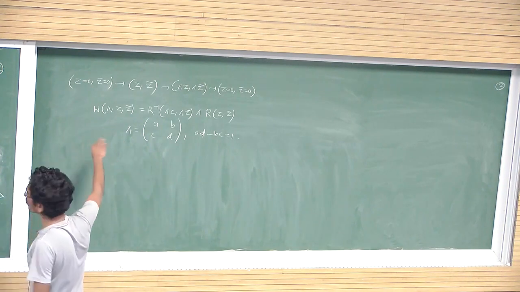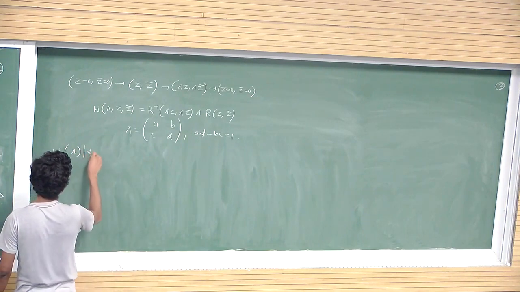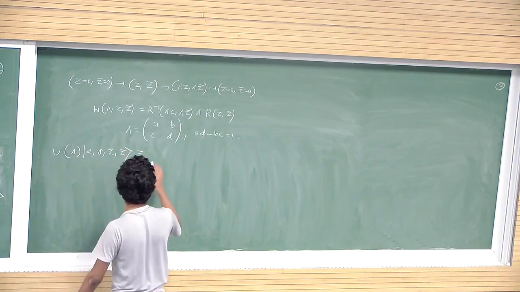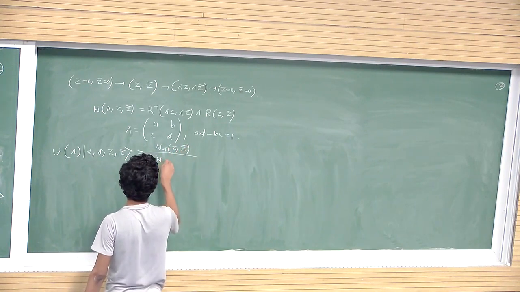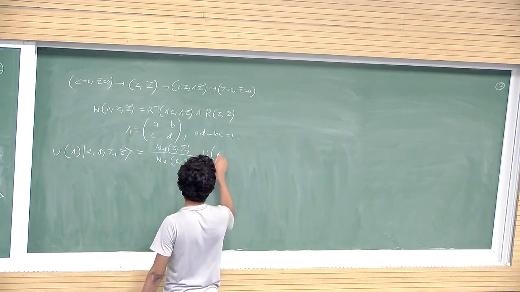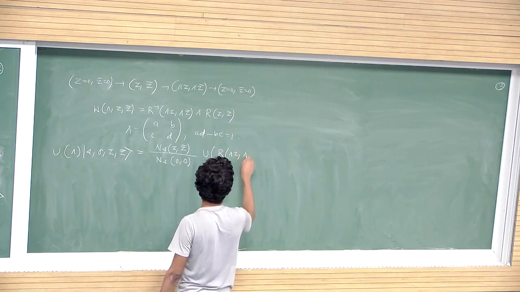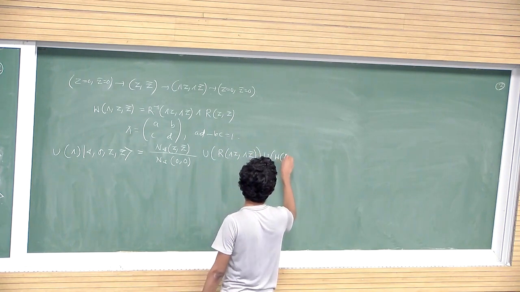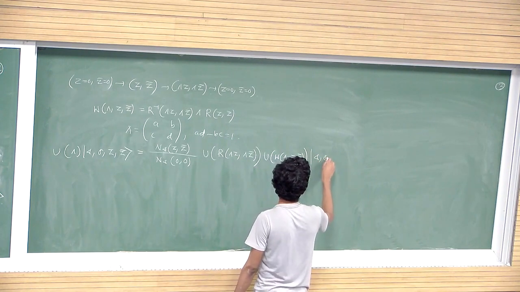So in terms of this little group matrix element, my Lorentz transformation on this state looks like n delta z bar by n delta 0, 0, u of R of lambda z bar, u of W, acting on delta sigma.